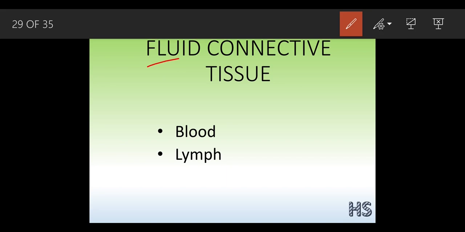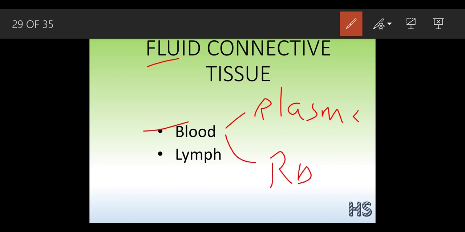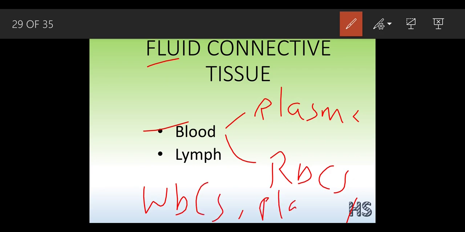Blood consists of two parts: the plasma and the cells, which are RBCs, WBCs and platelets. First, what is plasma? Plasma is the liquid part of the blood. Whenever we get a cut, the liquid that oozes out from our body is nothing but the plasma.